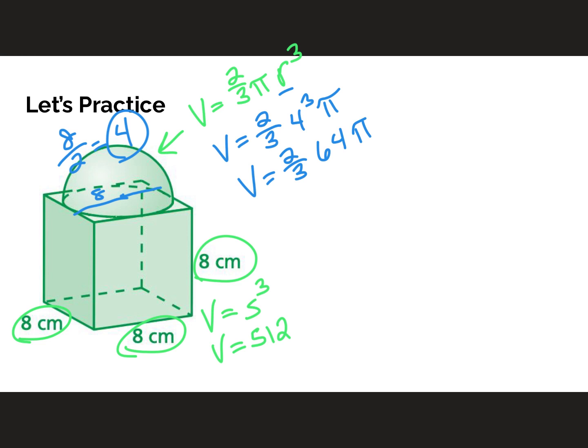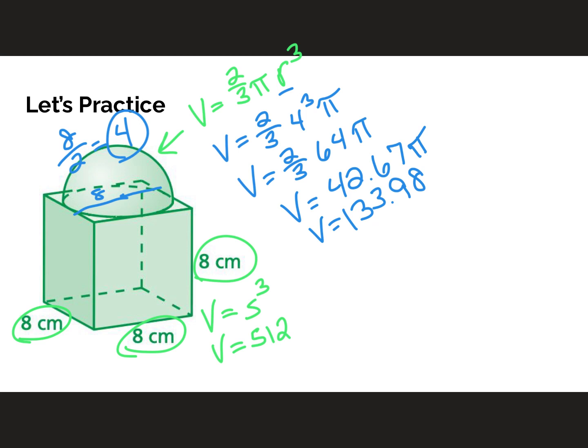So it is 42.67 pi, which gives us an approximate volume of 133.98. We put the pi in there, so it's just 133.98.